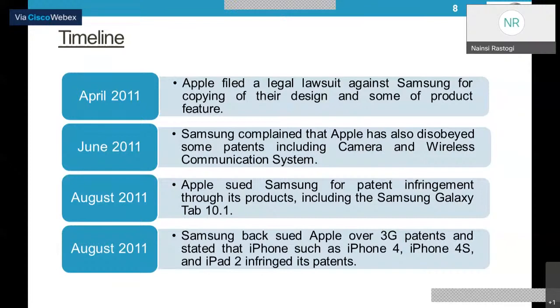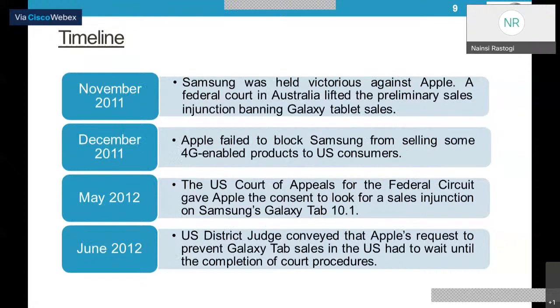This is not a one-directional infringement case. Both companies are suing each other for infringement of their various patents and design applications. Then in November 2011, Samsung was victorious against Apple, and the federal court in Australia lifted the preliminary sales injunction ban on Galaxy tablet sales.